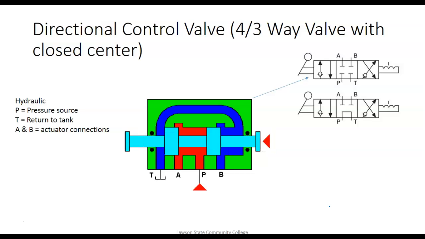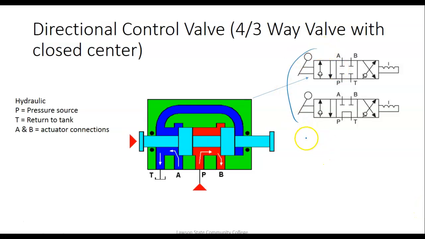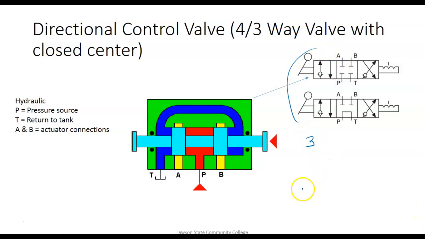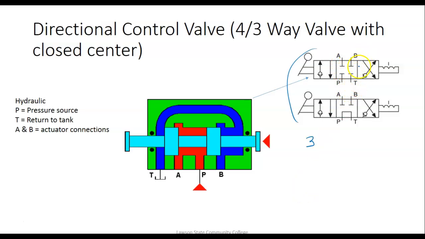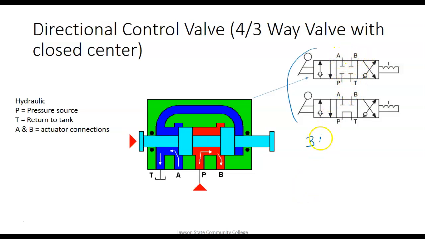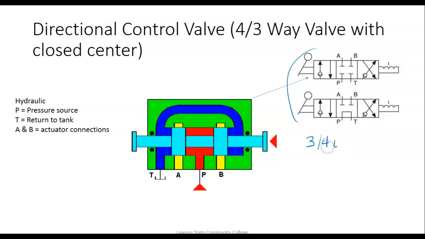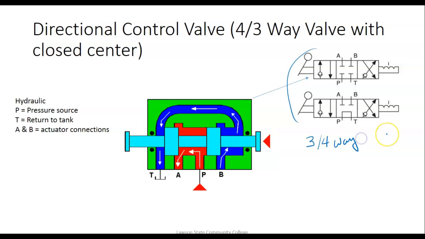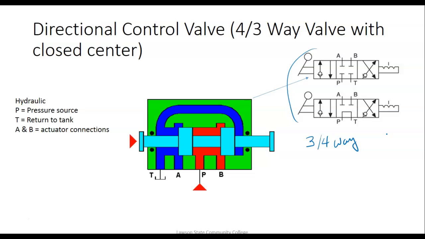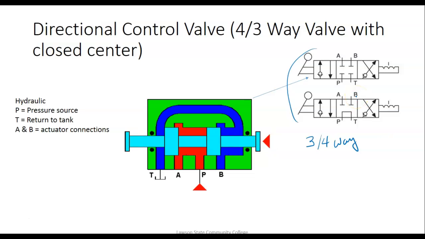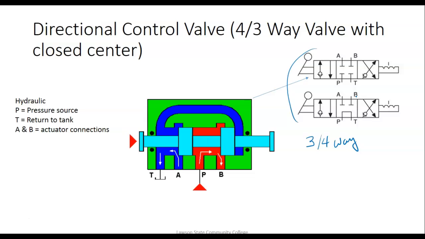So we start off with the number of positions. This guy, we'd say it's got 3 positions. And then we go by the number of ports. This guy's got 4 ports, so we'd say 4. And then they say way. So this would be a 3/4-way valve. Both of these. Now all ours are 2 4-way valves.